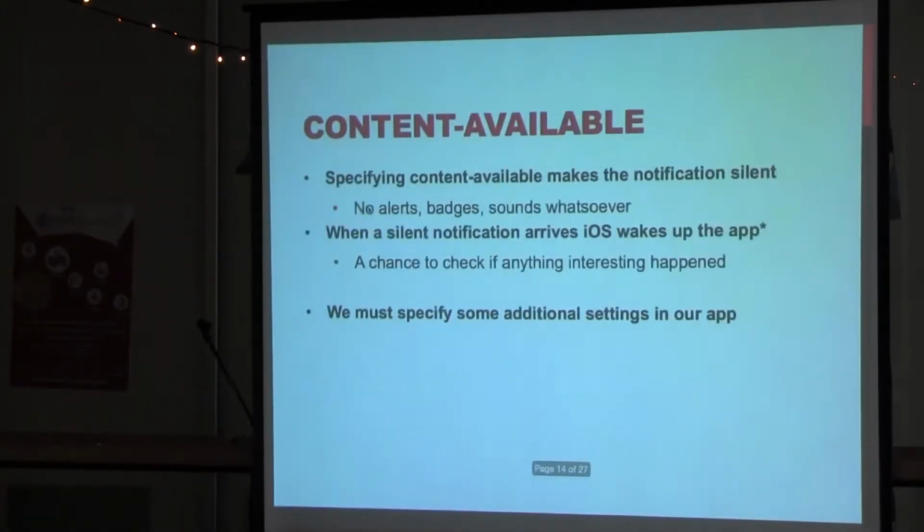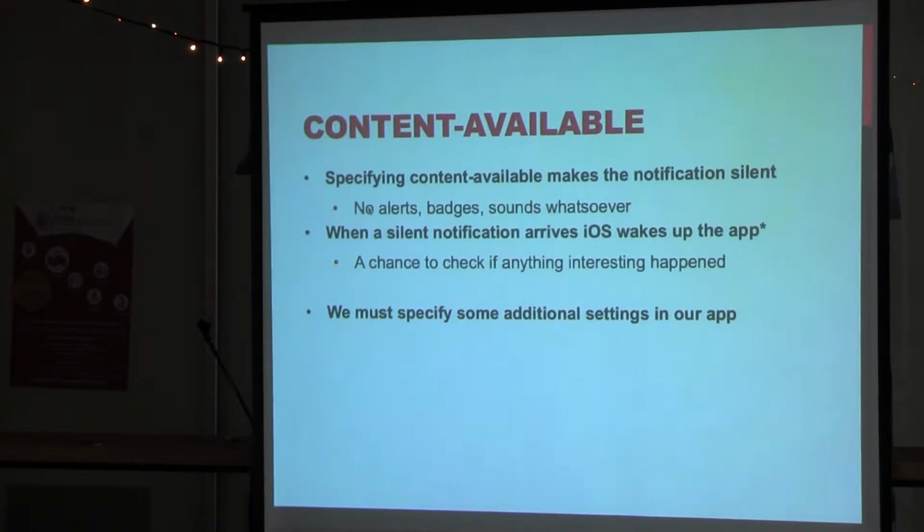And that is a pretty promising field because it says that when we specify the content available flag in the push notification payload, the iOS will wake up the application and give it a 30-second window in which the application can sync with the backend server.